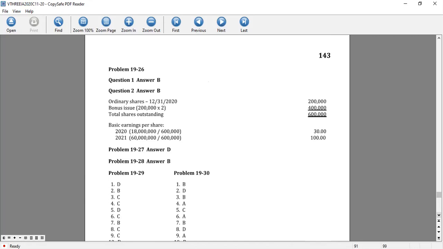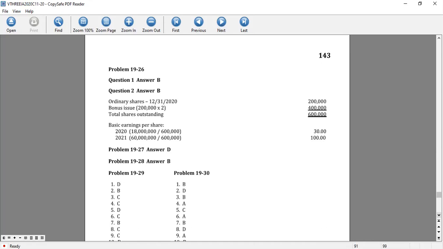What should be reported as basic earnings for the 2021 comparative income statement? So the ordinary shares on December 31, 2020 is 200,000.